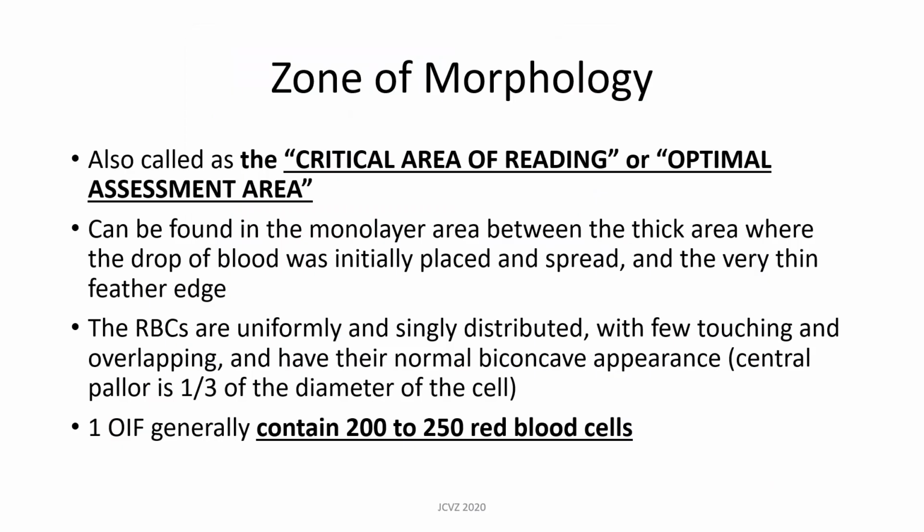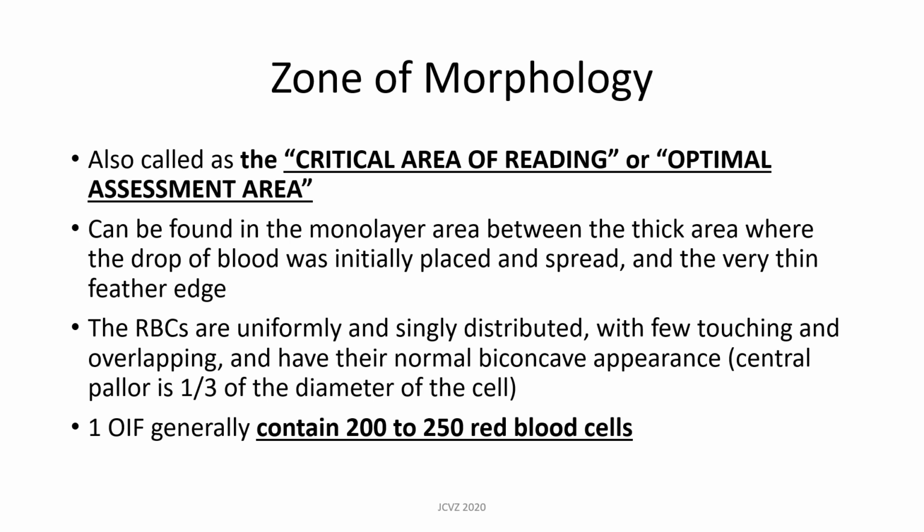The zone of morphology, as we have mentioned earlier, is the critical area of reading or the optimal assessment area. It's the area between the thick area where the drop of blood was initially placed, or the application point, and the very thin feathered edge.